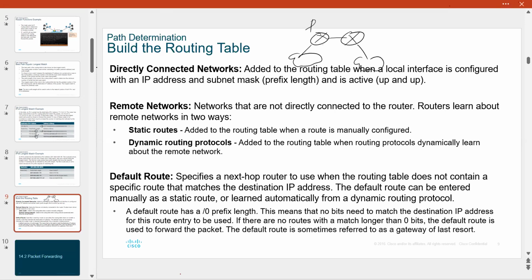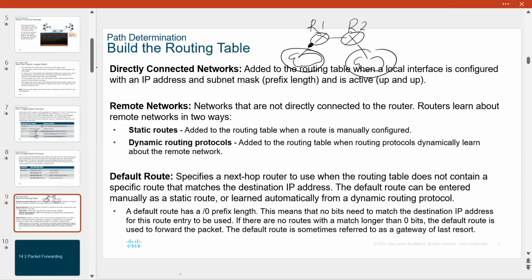If I go to router number 1, the directly connected network is this LAN on this interface, because it's directly connected to router number 1. This one, with respect to router number 1, is a remote network because it is not directly connected to router number 1. Basically, that is the difference between directly connected networks and remote networks.